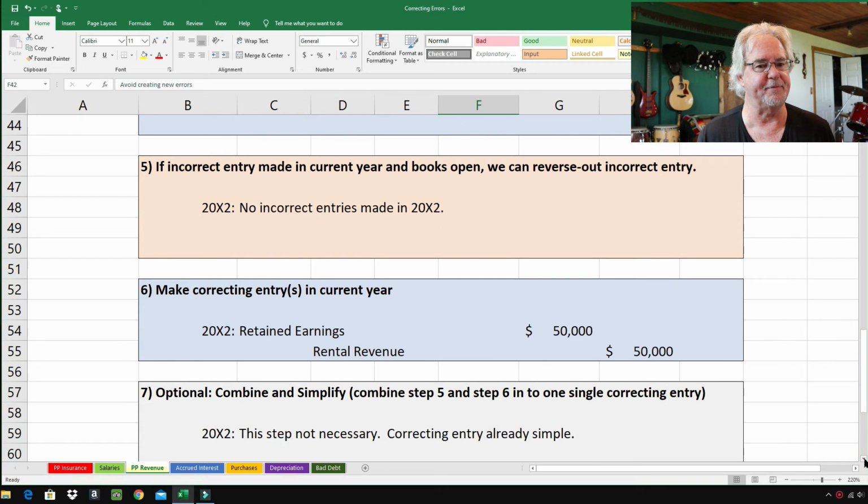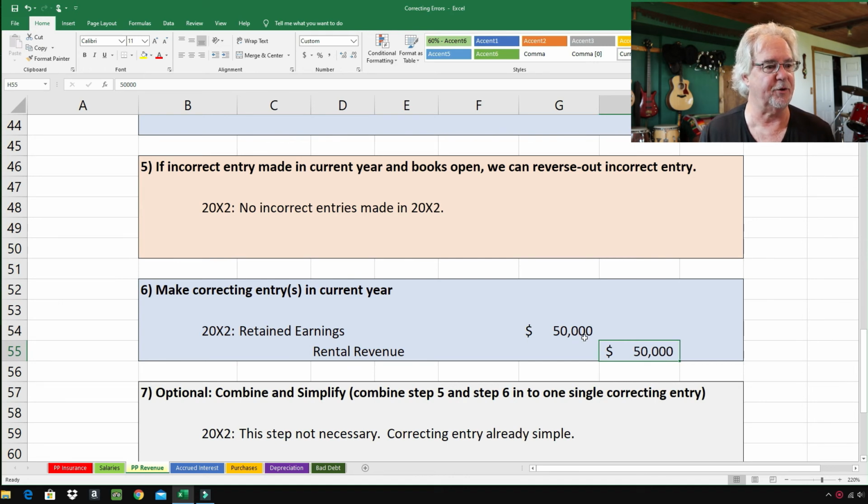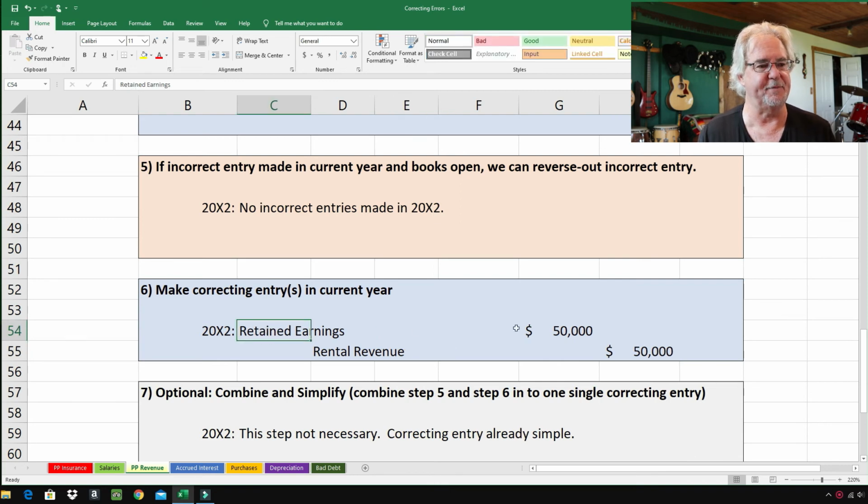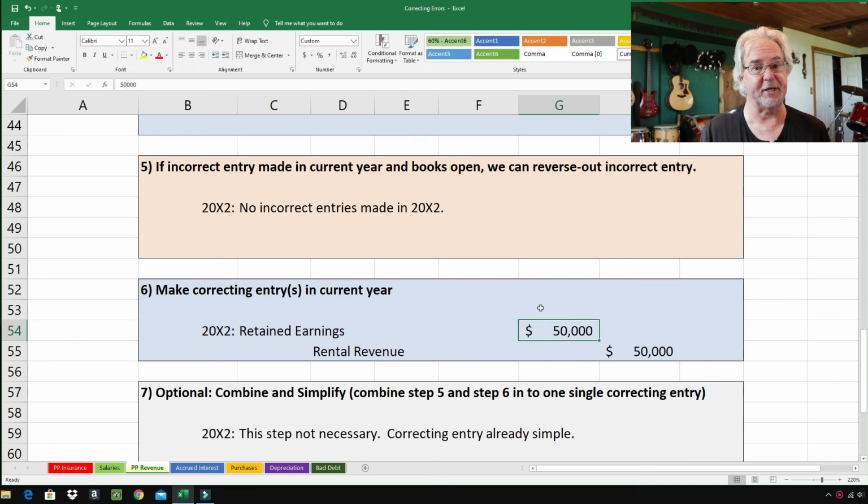But this is a pretty easy error to fix. So let's correct the books. Let's make a correcting entry. So here we go, step number 6. We are going to credit rental revenue. We're going to recognize the revenue in 2002, which is appropriate and correct. And we're going to debit retained earnings. A big reason why we're debiting retained earnings is because we have no other choice. We can't debit prepaid rental revenue. That wouldn't work. We can't debit cash again.